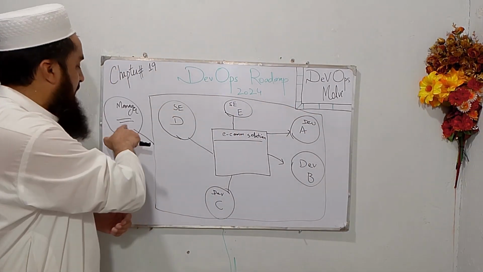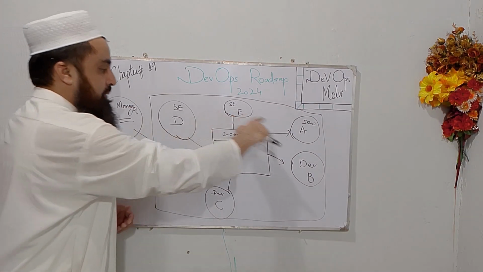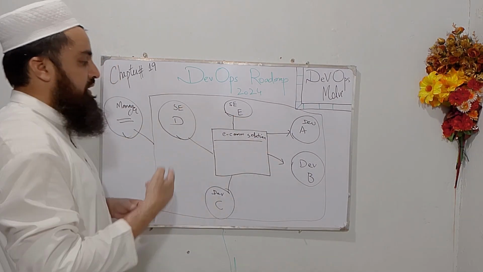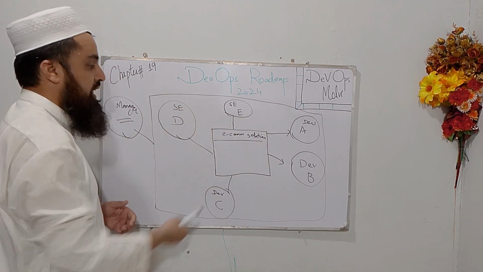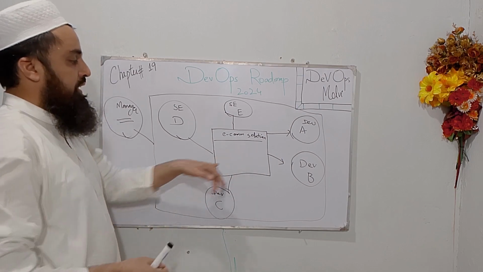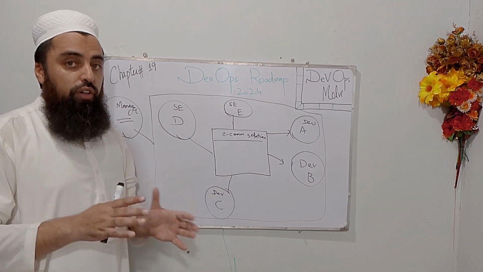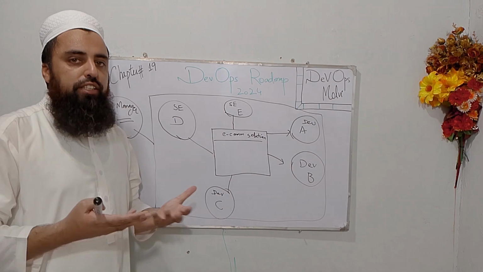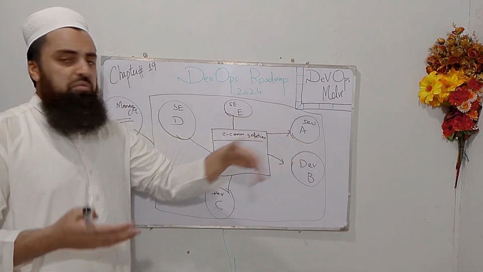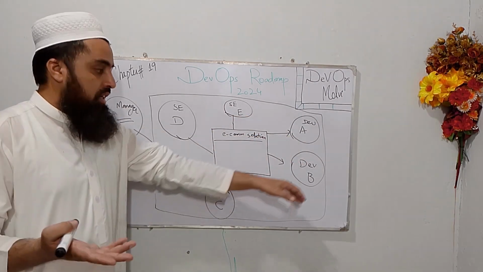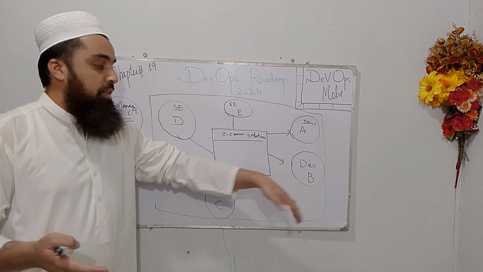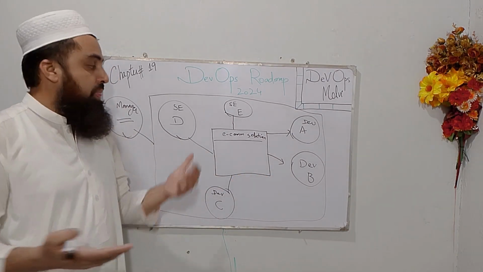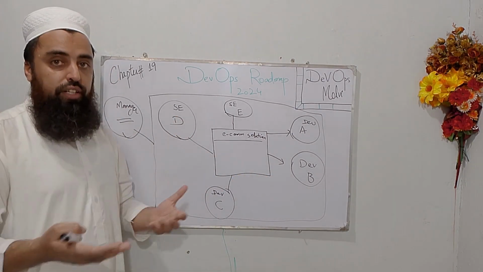So this guy is a manager, and he is managing all the team, the developers and software engineers who are working on this single project. If we are not using Git, how can we know what developer A is working on? How can we know what developer B is working on, or software engineer D is working on?